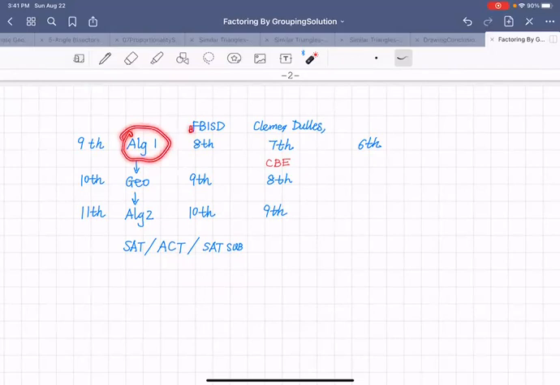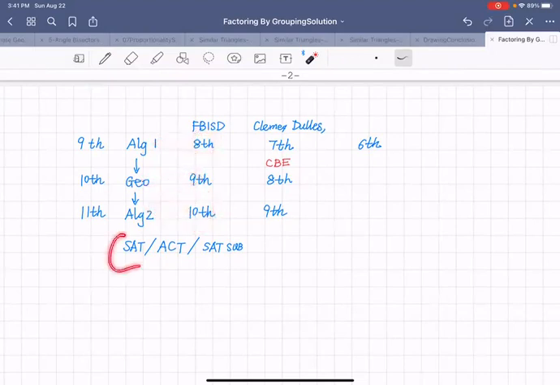If you are in Fort Bend ISD and you pass the CBE test, in 7th grade you take Algebra 1, 8th grade you take Geometry, and 9th grade you take Algebra 2. If you don't pass the CBE, in 8th grade you do Algebra 1, 9th grade you do Geometry, and 10th grade you do Algebra 2, okay?